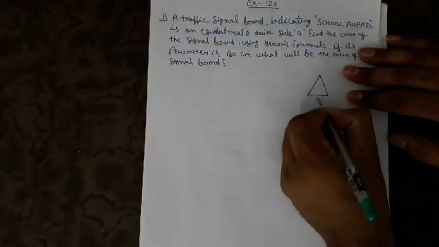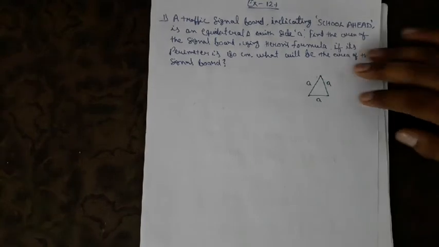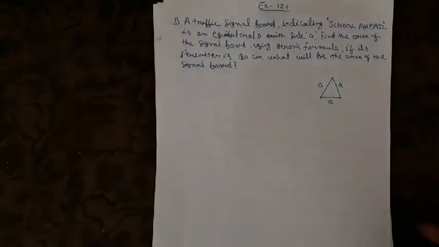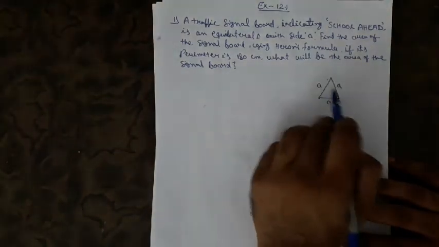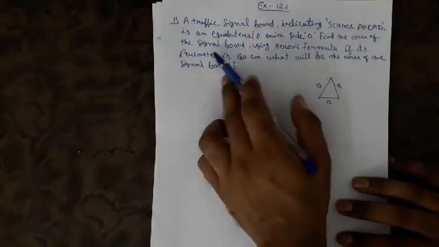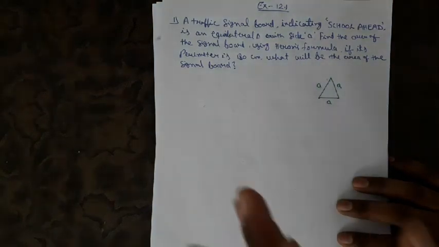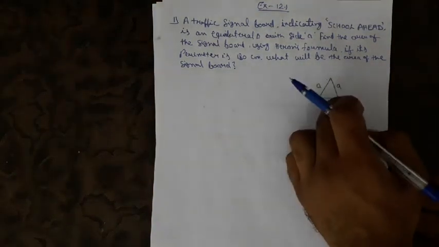We have a triangle and it is equilateral, so all its sides will be a. Find the area of the signal board using Heron's formula.